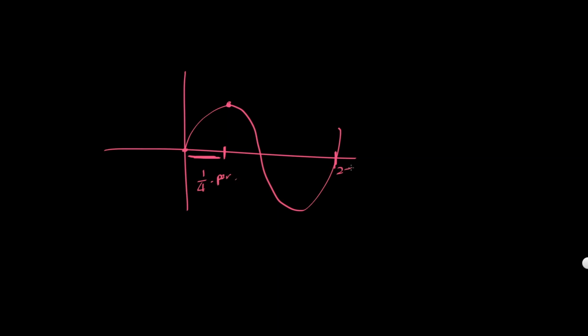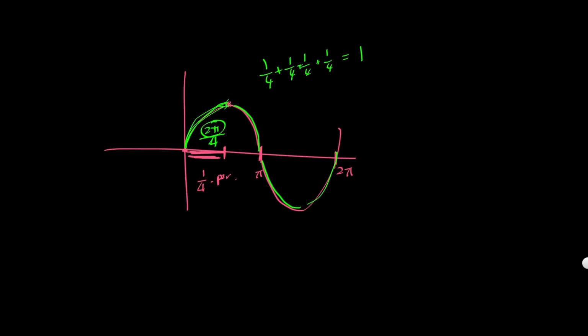If one full period is 2 pi, the middle is pi, and a quarter is 2 pi over 4. Whatever the period is, divided by 4. Four of those quarters make 1 period.